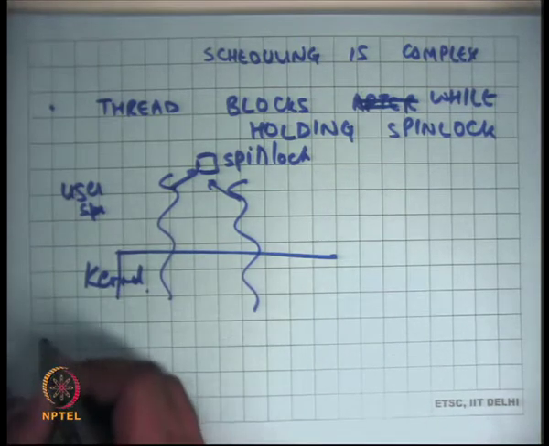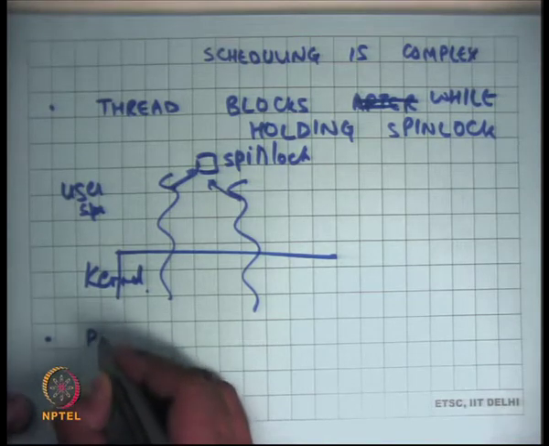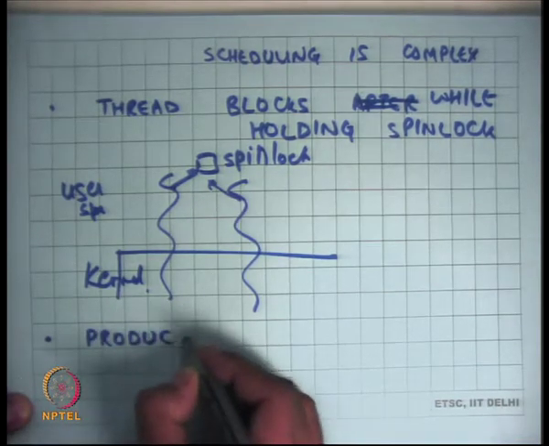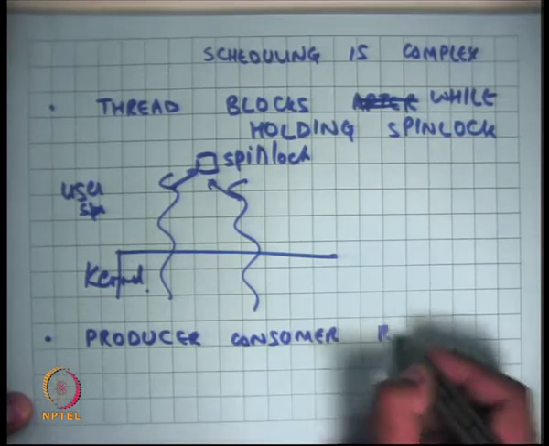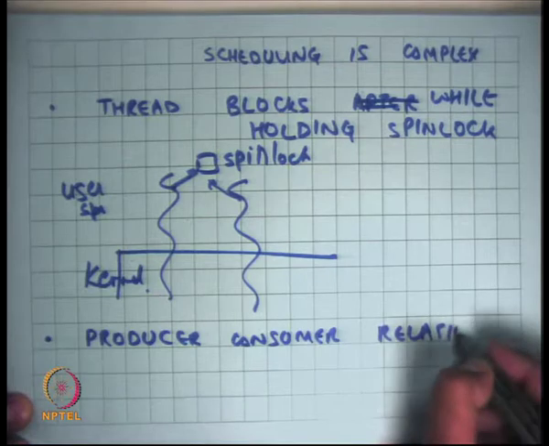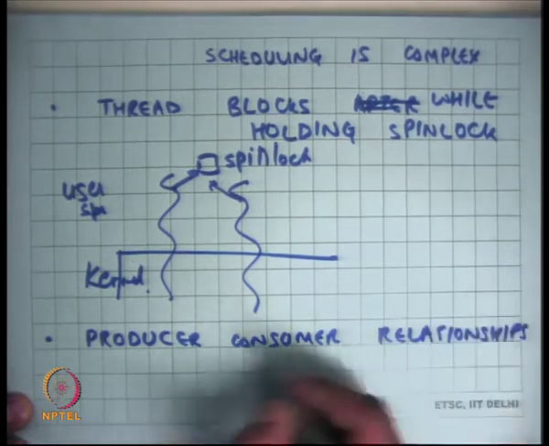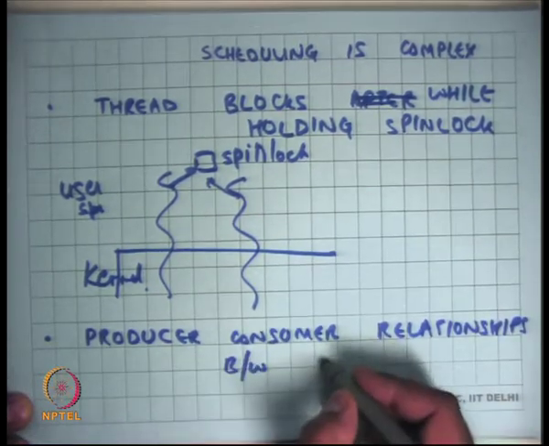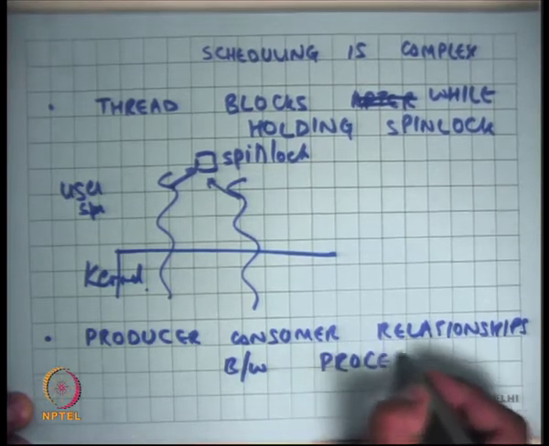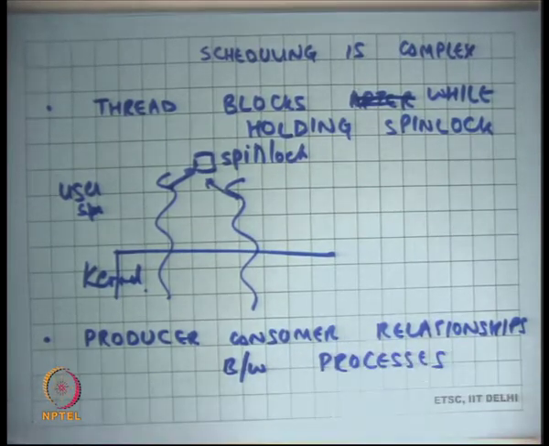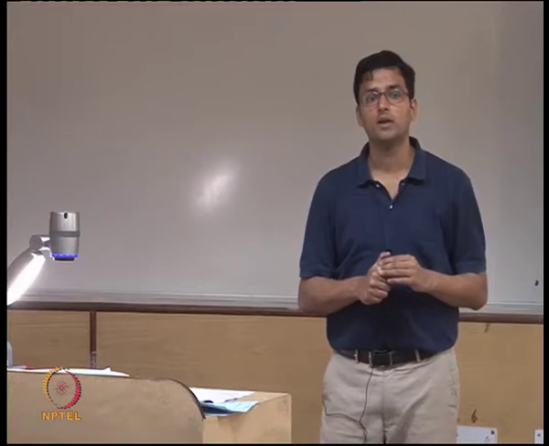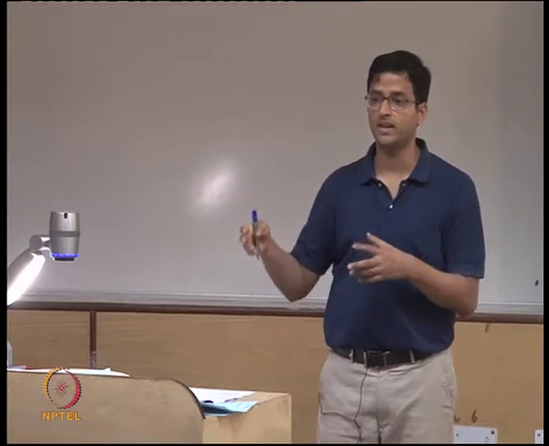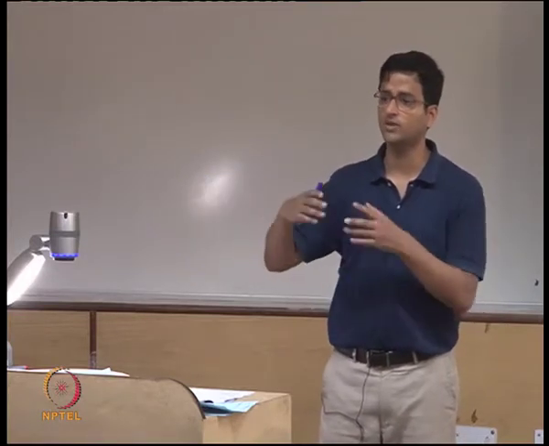Just like spin locks, there can be producer-consumer relationships. Spin locks are just one example, but there can be any type of synchronization between processes. For example, there's a producer thread and a consumer thread, and the producer thread hasn't filled up anything, and it gets switched out, and the consumer thread gets to run, and there are lots of consumer threads.